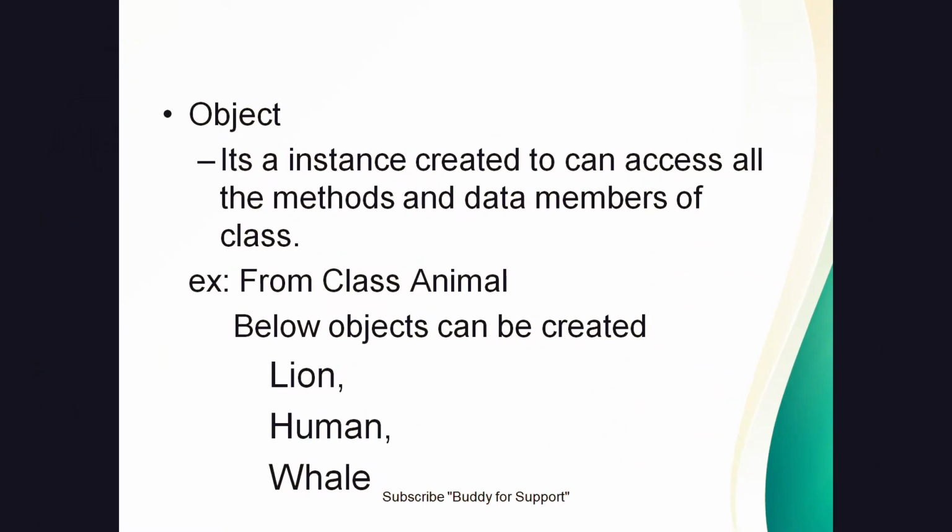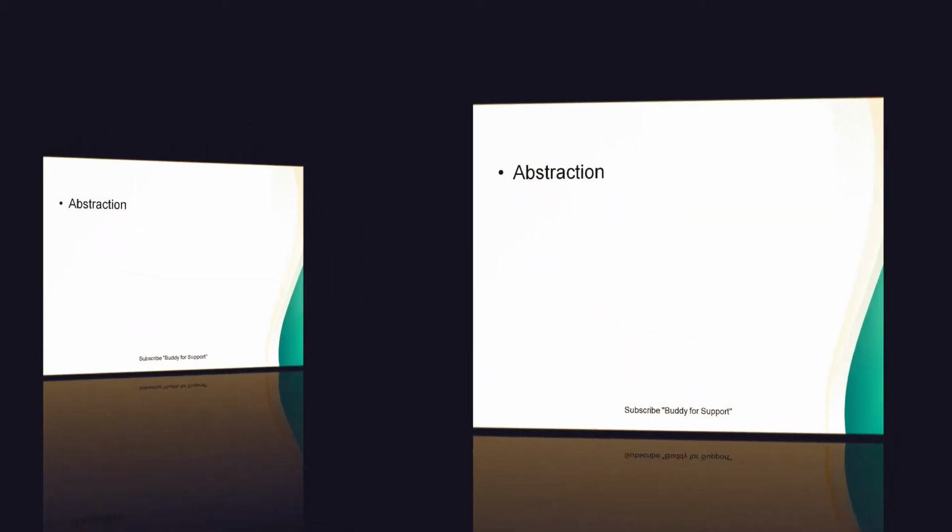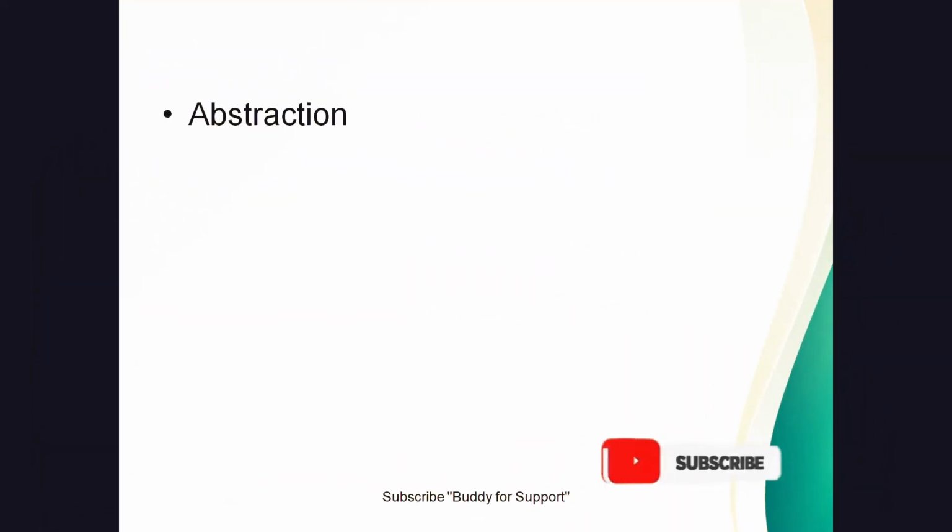Object. It's an instance created to access all the methods and data members of a class. In our example of class animals, below are the objects that can be created. Abstraction.